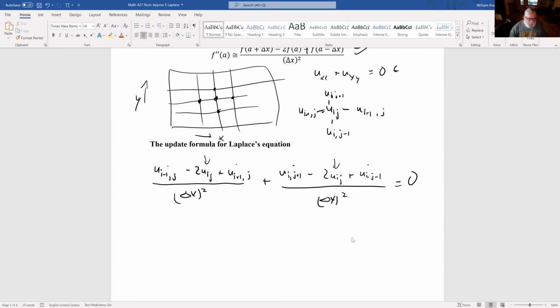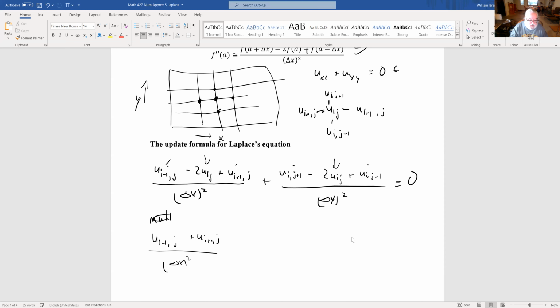So let's move everything that has a uij over to the right. So we got ui minus 1, comma j, plus ui plus 1, comma j, over delta x squared.